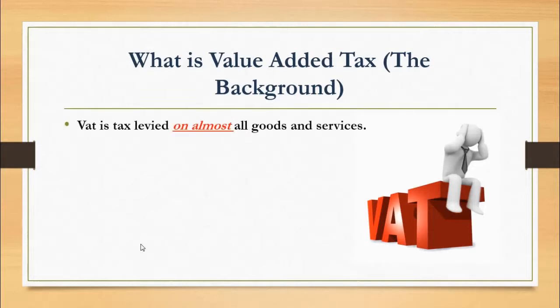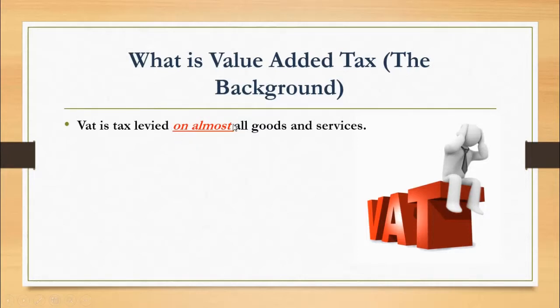First of all, we need to define what is your understanding of the term value added tax. VAT, as we know, is the tax that is levied on almost all goods and services. Please note I have highlighted the word "almost", meaning that not everything that is sold or supplied is charged tax.